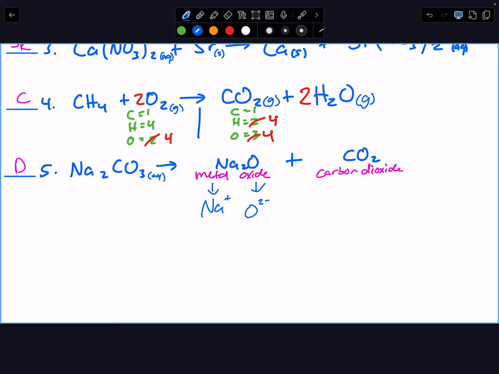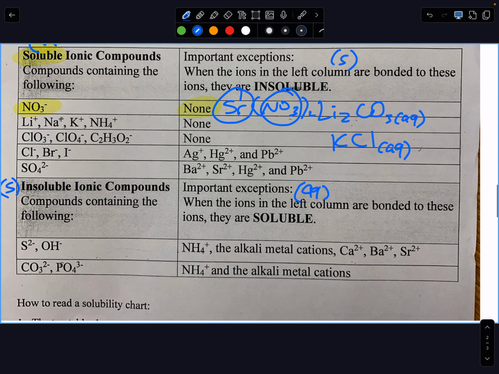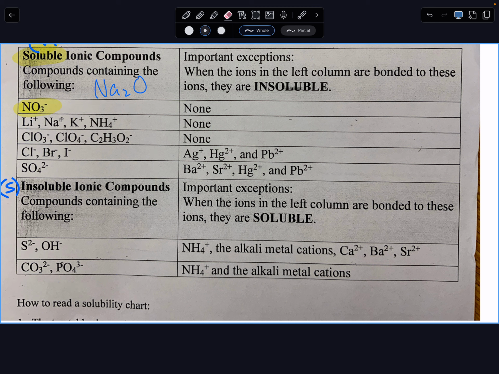What am I missing? State of water. How do I get that? Remember, all metal oxides are what? Look at the bottom of your paper. Solids, but only if you can't find it in the chart. Is Na2O here? Yes, second row.